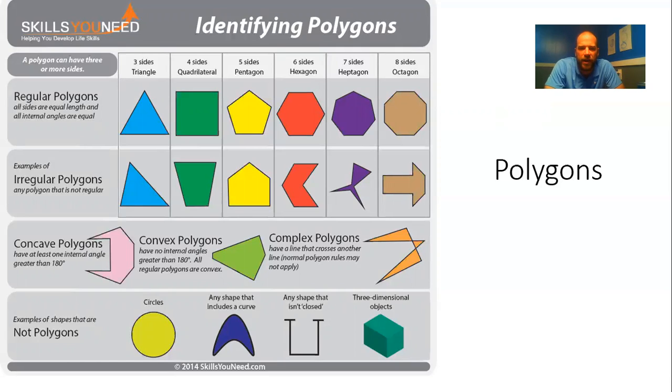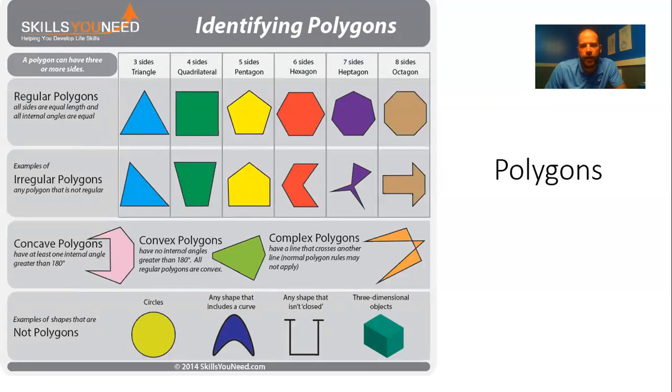Okay, we're going to talk about the different clubs of a four-sided shape. So there are regular and irregular polygons. We don't really need to understand regular or irregular polygons. Just know that a regular polygon means that all sides are the same size, or length.